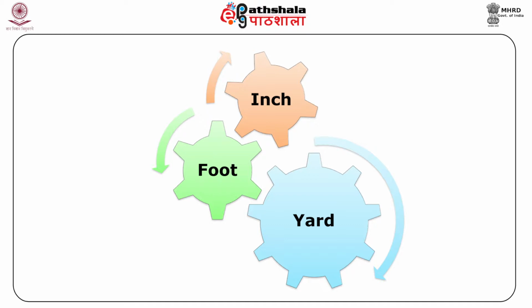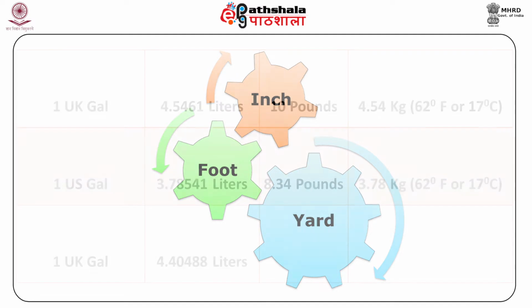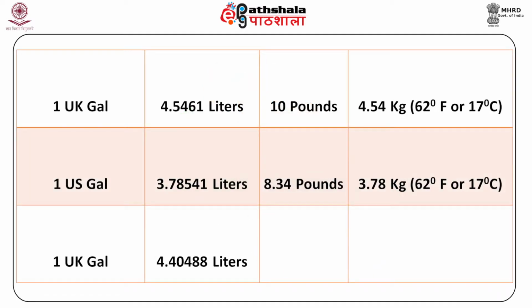The word yard came from the Saxon word gird, which means the boundary of an individual's waist. Those people used to wear a girdle around their waist, which could be easily detached and used as an appropriate measuring tool.